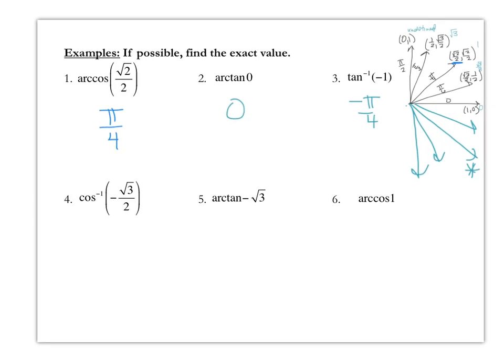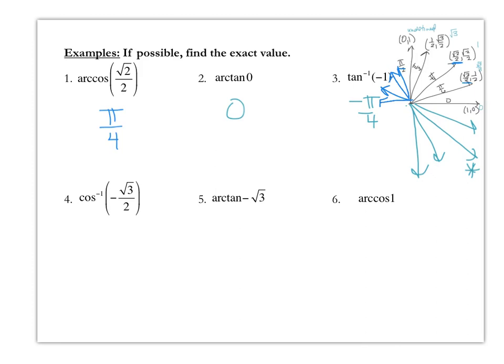Alright, number 4 is arc cosine of negative radical 3 over 2. The cosine one is the one that's going to be weird, because we actually aren't looking in the fourth quadrant. The fourth quadrant cosine would be positive, and we need to think of a space where it's negative. So we're actually over here in the second quadrant, because cosine would be negative there, and we have to find where it would be negative radical 3 over 2.